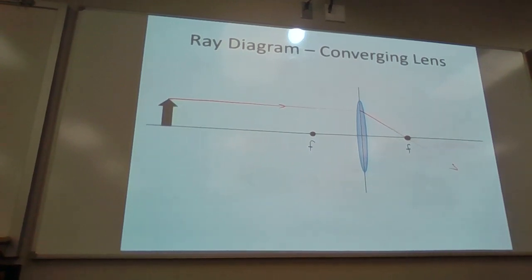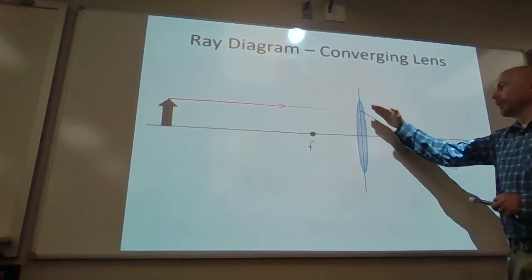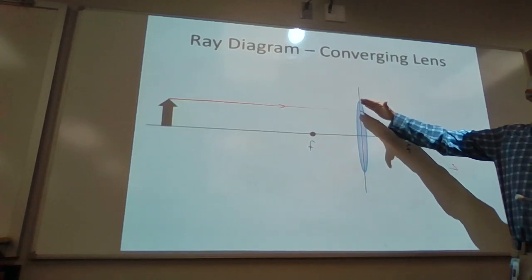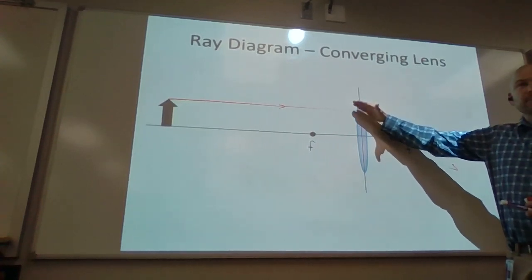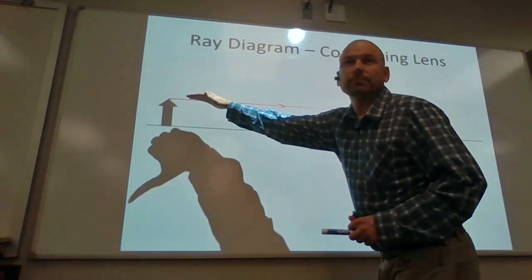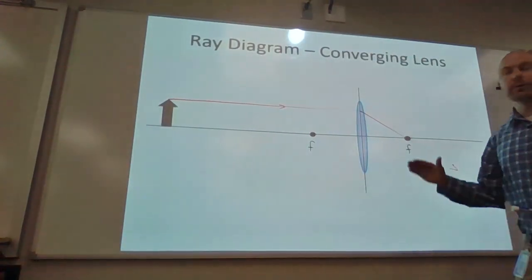Ray number two is going to capitalize on this reverse path. So if I send a ray of light through the near focal point, it's going to refract parallel. It just reverses that path.